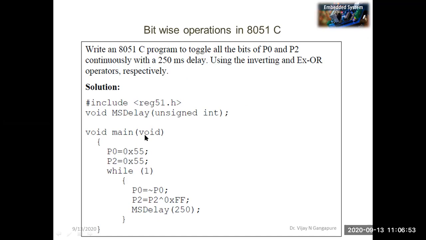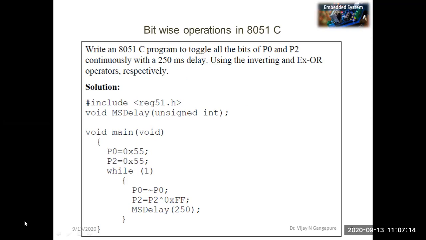Okay, then void main void. P0 is equal to 0x55, P2 is equal to 0x55, means first we are outputting 0x55 to port 0 and port 2, means we are making bits of port 0 and port 2 0101 0101.